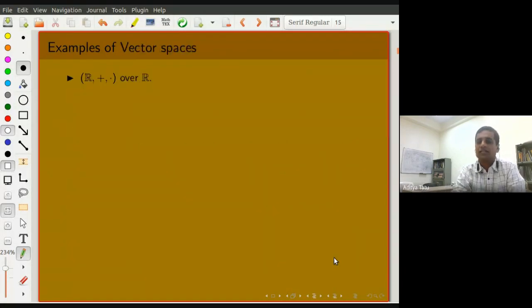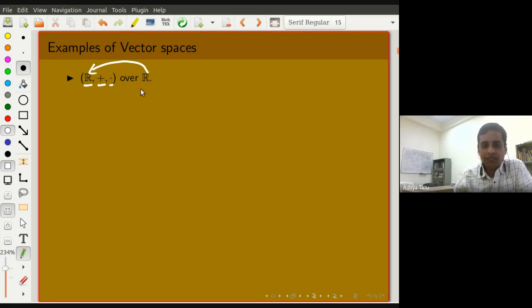Then let's look at examples of vector spaces. I don't think we looked at examples of vector spaces. So the set R, the set of all real numbers with the usual real number addition and usual multiplication of two real numbers, also forms a vector space. I'm not going to prove all of this in detail. I think this should be fairly straightforward.